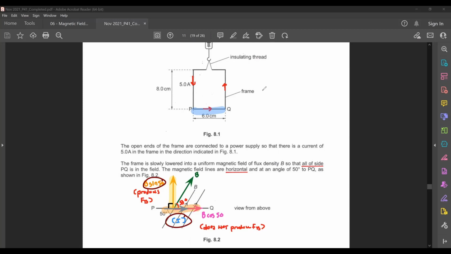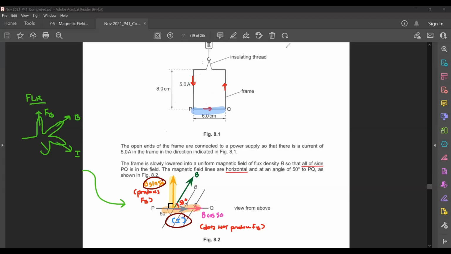You would have to use your Fleming's left-hand rule again, FLR, where here your thumb, your middle finger, and your index finger are used. Your thumb represents your magnetic force, your index finger represents your magnetic field, and your middle finger represents your current. So right now, you want to apply Fleming's left-hand rule to B sine theta and the current.